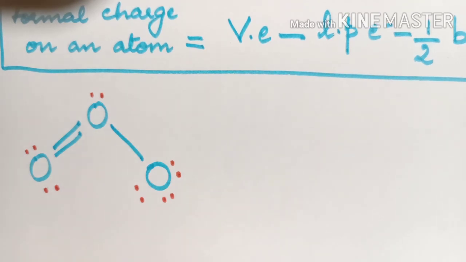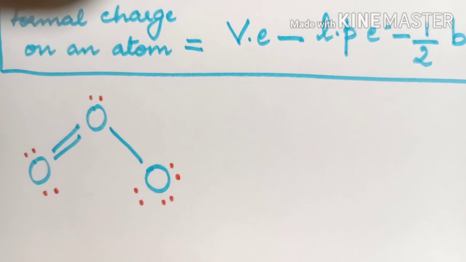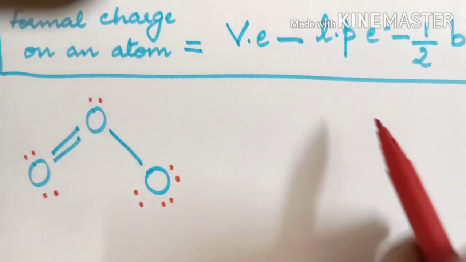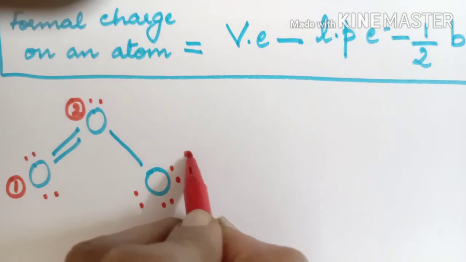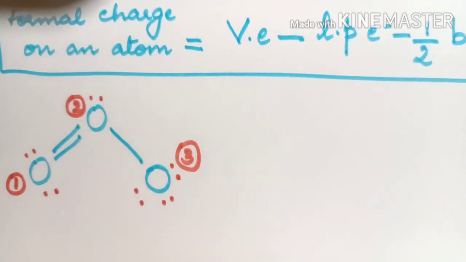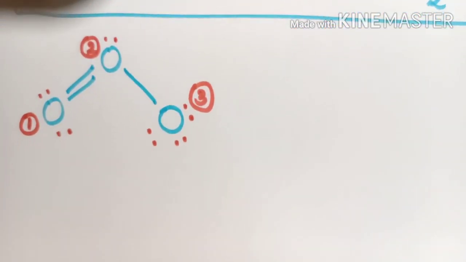So to find out the charge on the atoms, we'll use the formula given above. Identifying each atom, I am just numbering them 1, 2, 3. Now we'll find out the charge on each oxygen.